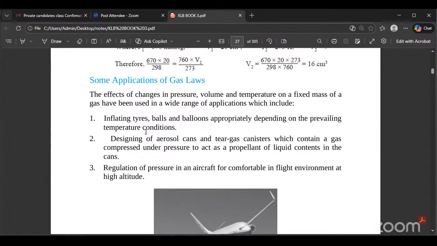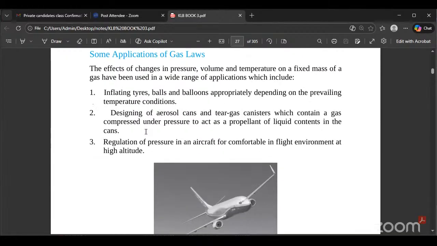And therefore, there is also regulation of pressure in aircrafts for a comfortable flight environment. That is why when you're in an aeroplane, you don't even realize that you're in an aeroplane, actually. So those are some of the applications. I don't want to use a lot of your time. Let me just wish you the best. A very good week, a very good morning.